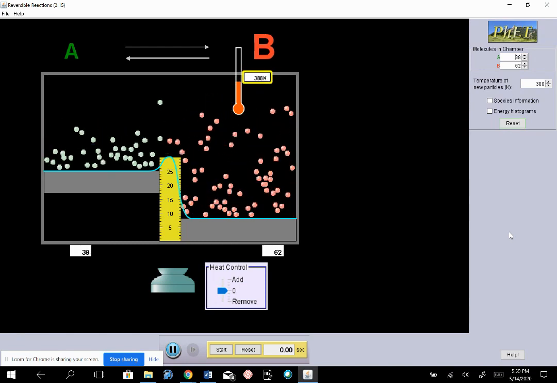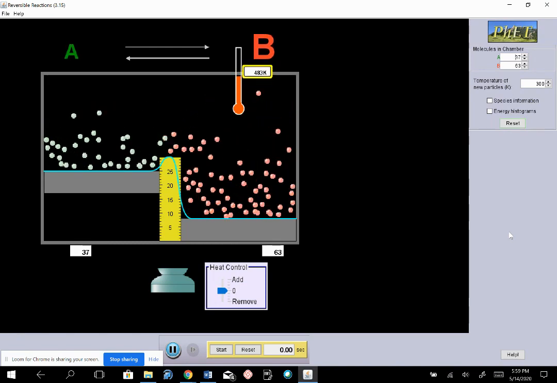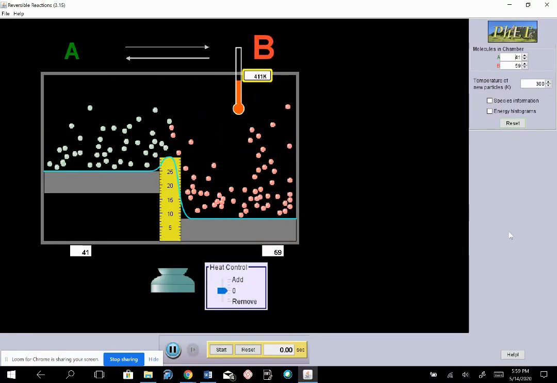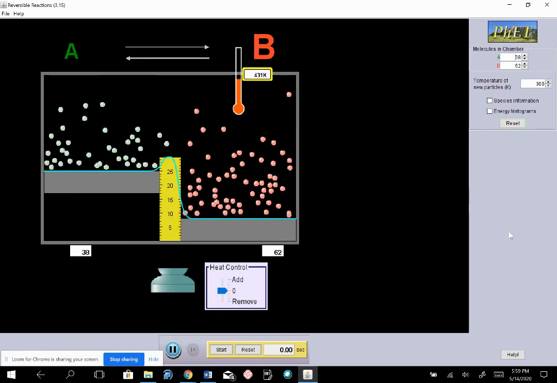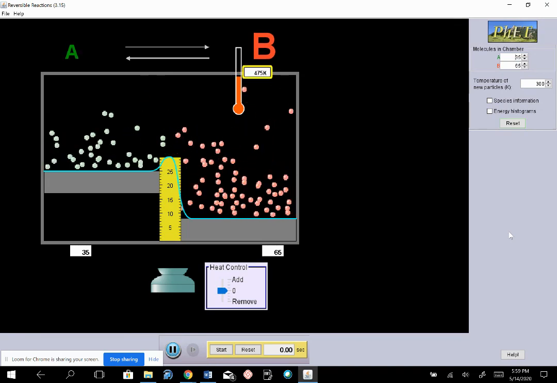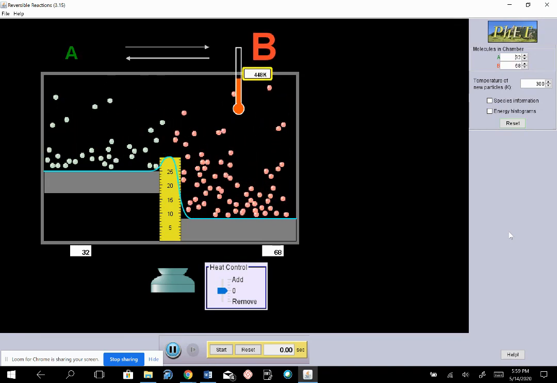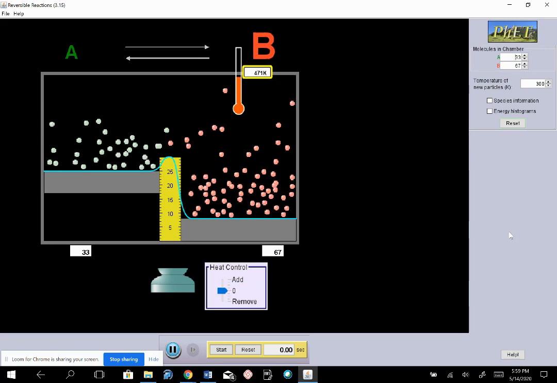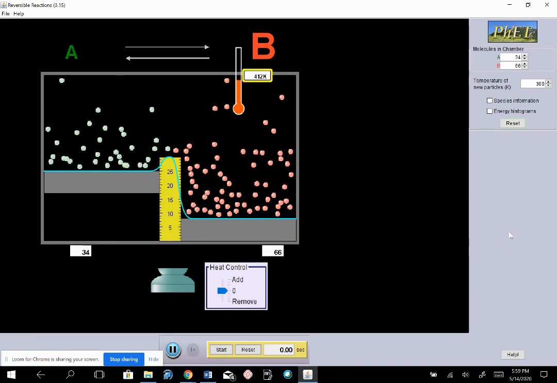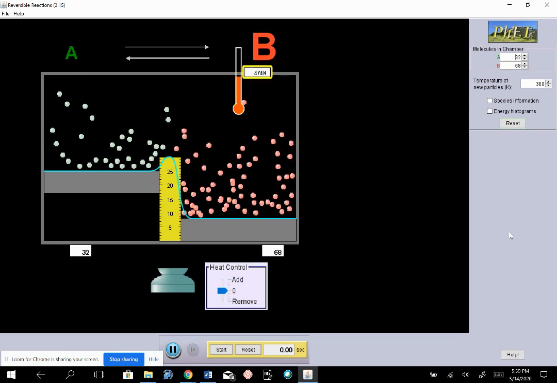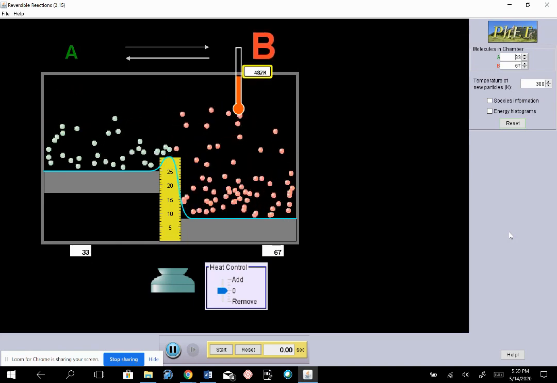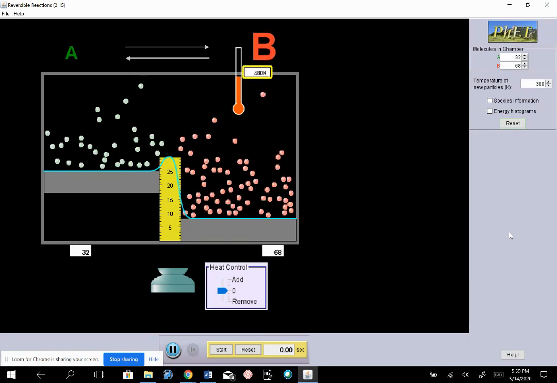Notice that we're getting lower on A and higher on B. So the A is going down. We're about 40 A and 60 B. And depending on the exact numbers that you end up with here, and the exact height of the potential energy of the A and B, and the height of that energy barrier, you're going to get a different situation.